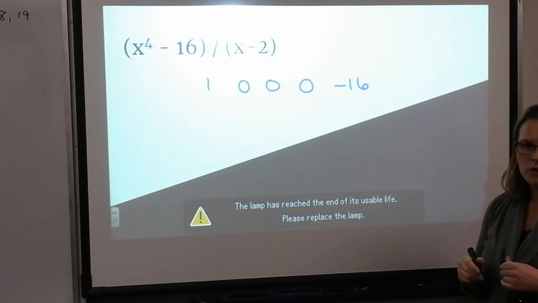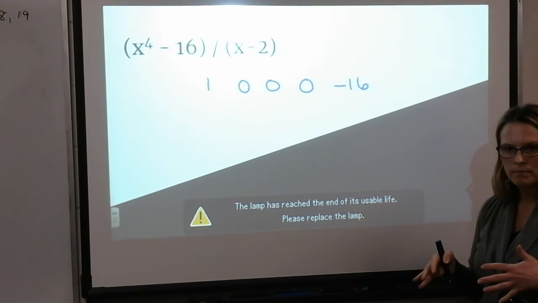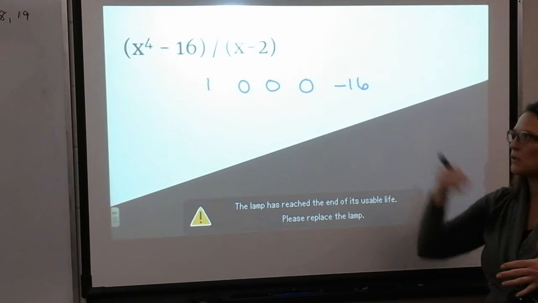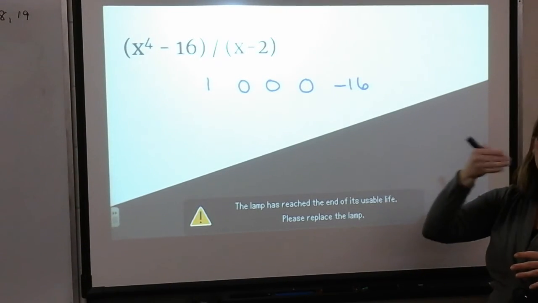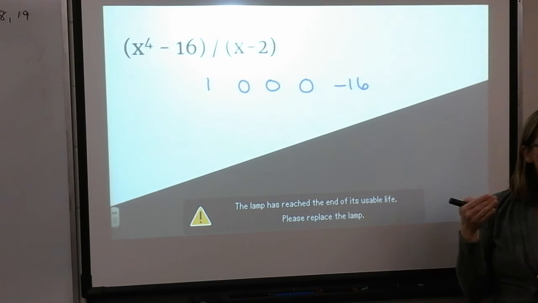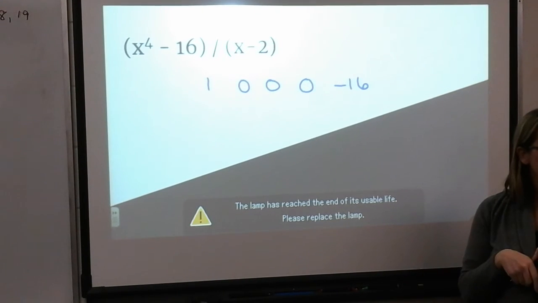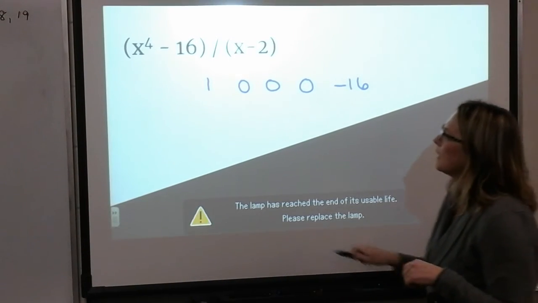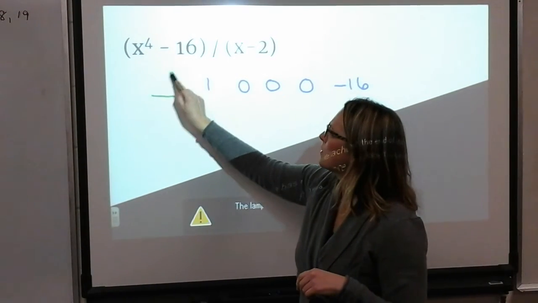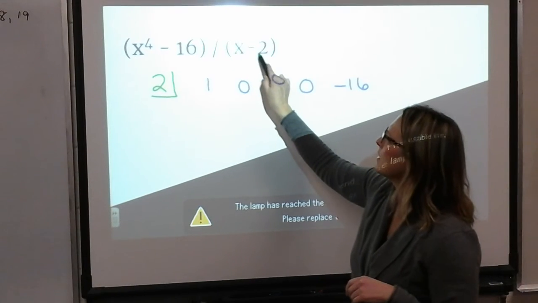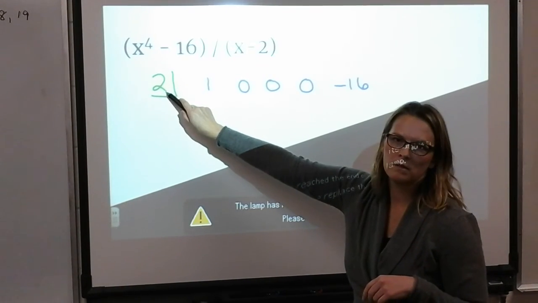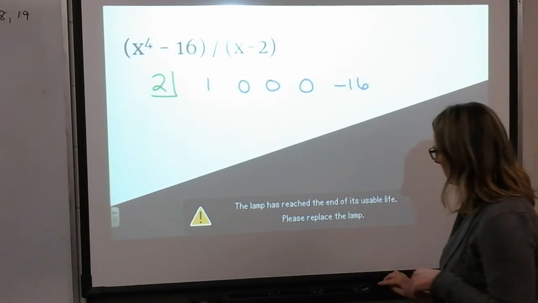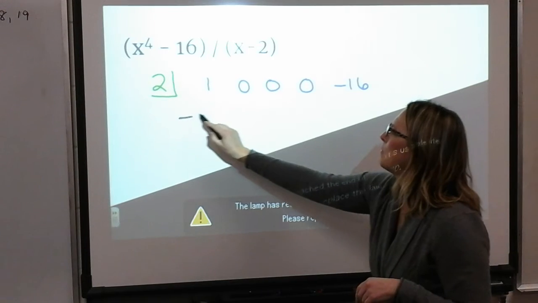As I count down the degrees, 4th, 3rd, 2nd, 1st, if they're missing, I fill that spot in with a 0. And then my root goes over here, so this time it would be 2, because it's x minus 2, so I put the opposite sign of 2 there. And then I put my equal sign.